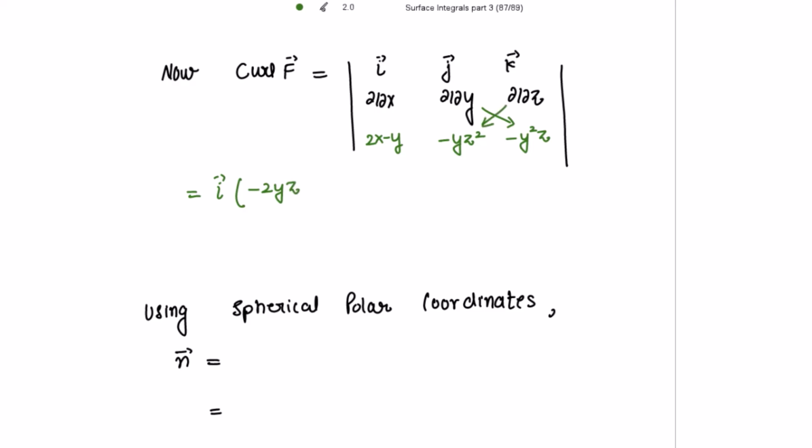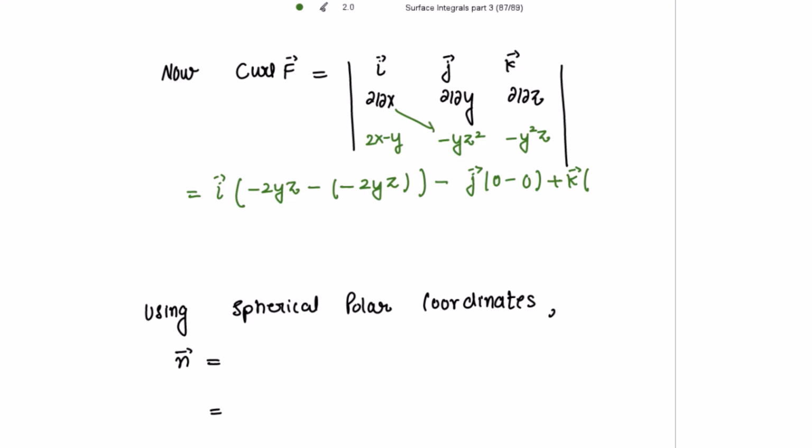Partial derivative of this with respect to z with minus sign is minus 2yz. Right? Minus j vector. Partial derivative of this with respect to x is 0 minus partial derivative of this with respect to z is also 0, plus k vector.